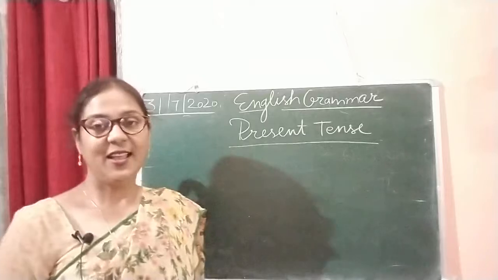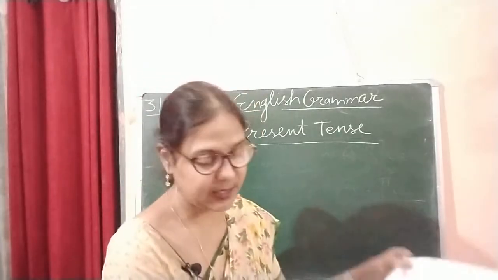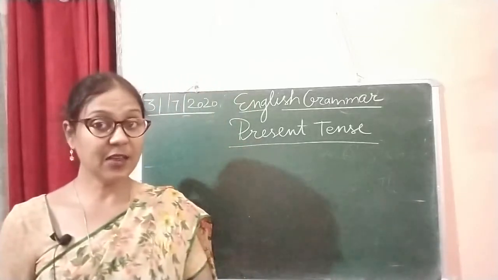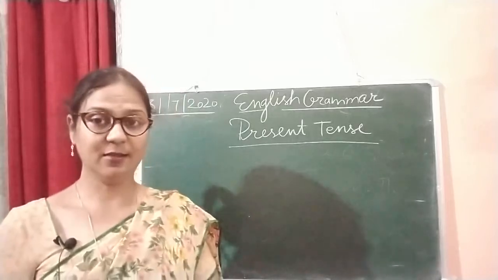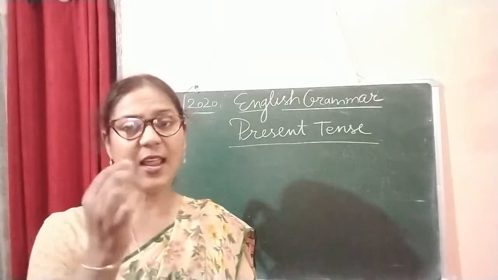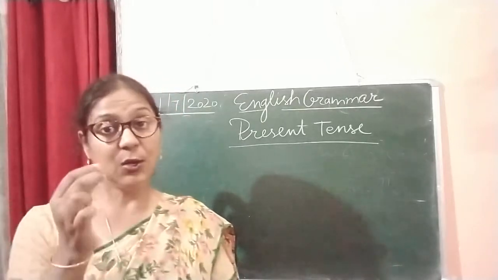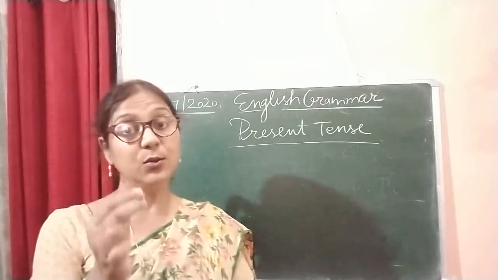Now if I am going to give you some examples of present tense: she goes to the market. He runs very fast. He is writing a letter. So these are the things we are using over here: is, am, are, and we are using s also. In the verb we are using s.